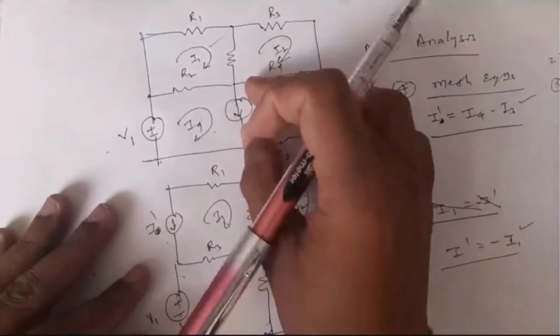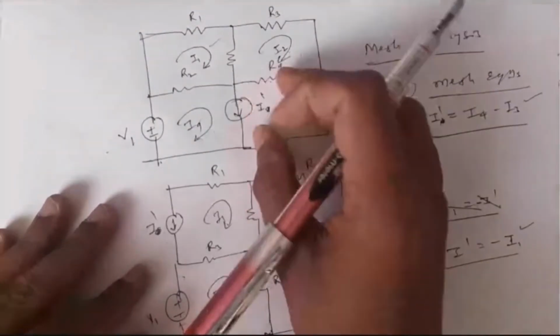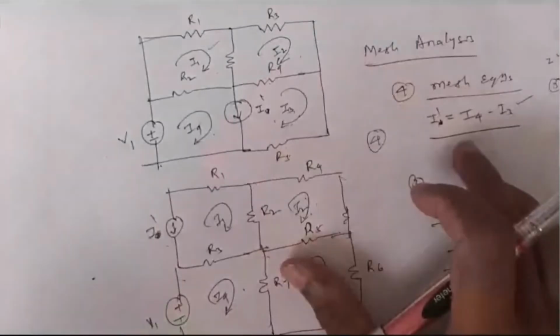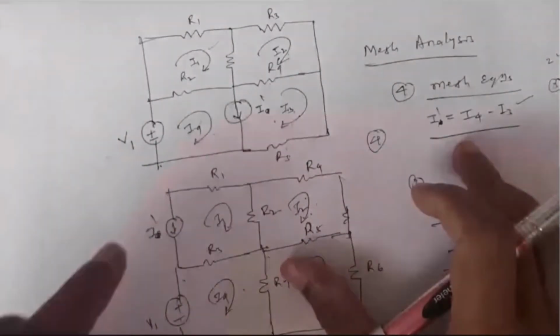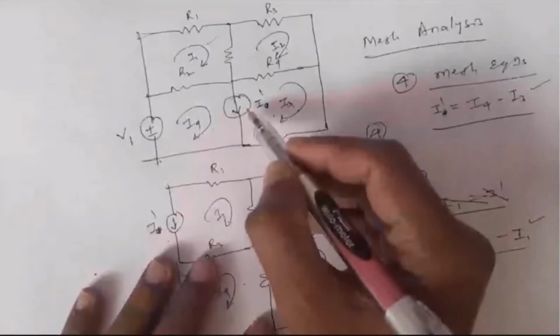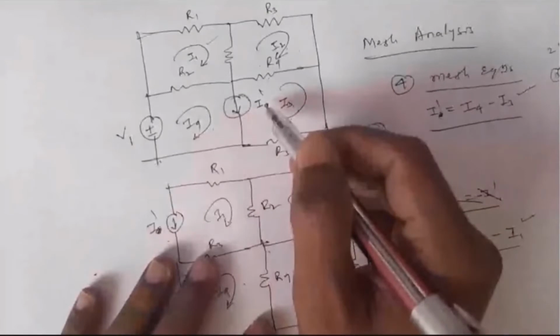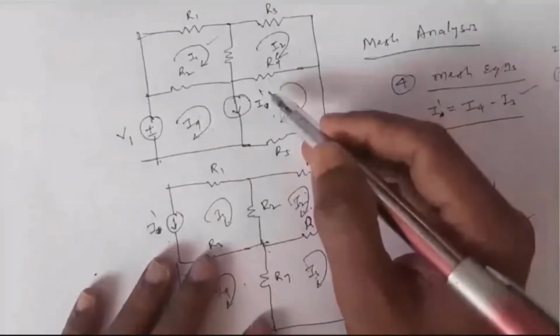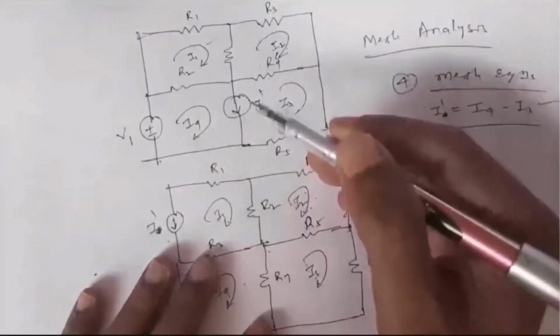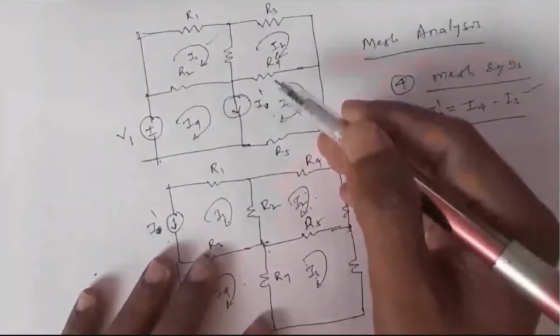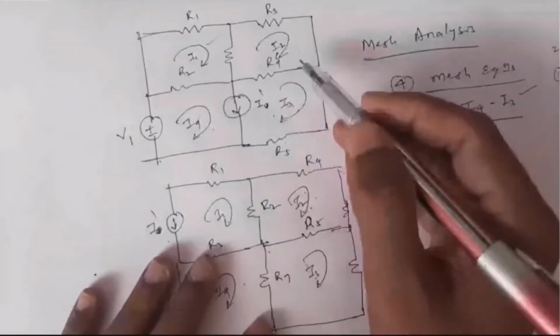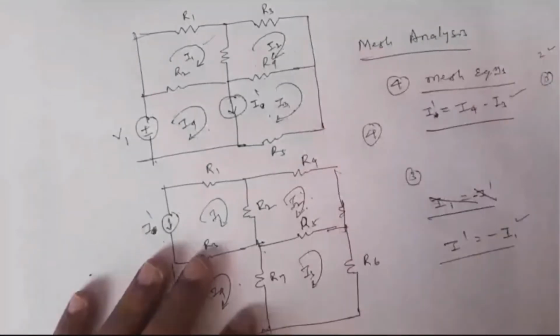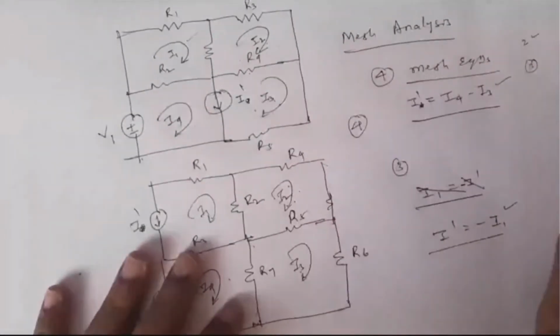Later we eliminated that unknown voltage because it will come in both the meshes. Already we have solved that method.